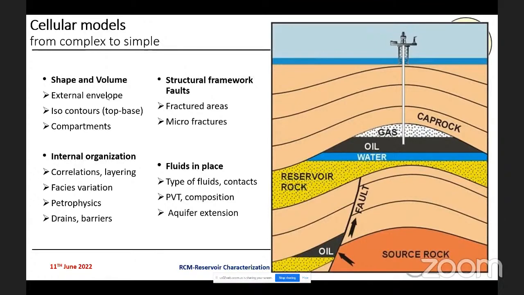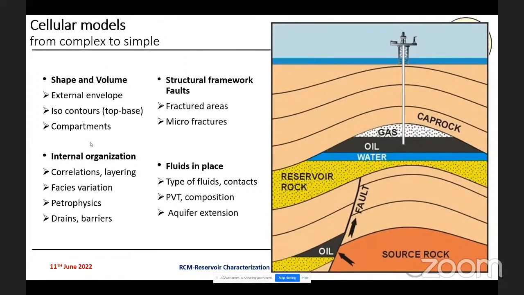You cannot build a model for any object just because you are looking at it, without understanding what's inside, the characteristics of the object. You cannot model it, otherwise the work would be rubbish. Do we have a complex structure with many faults that divide the reservoir into compartments?